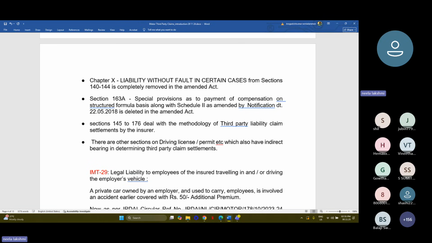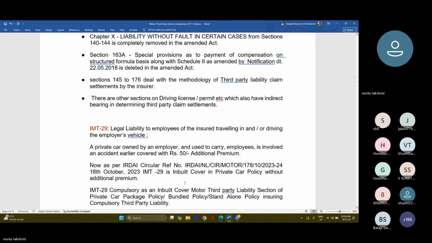There are other sections on driving license, permit regulations, registrations, etc., which also have a direct bearing in determining the third-party claim settlement. Apart from sections 145 to 176, some other sections also have a direct impact in determining the third-party claim settlements. That we will see later.